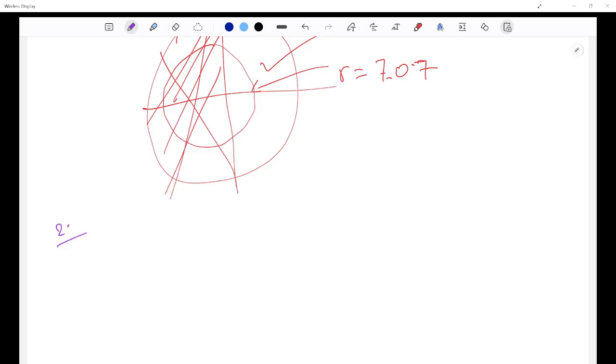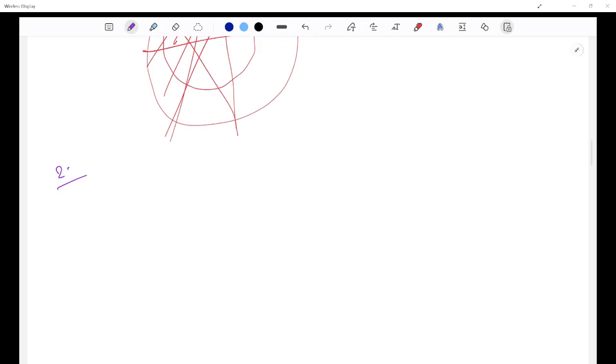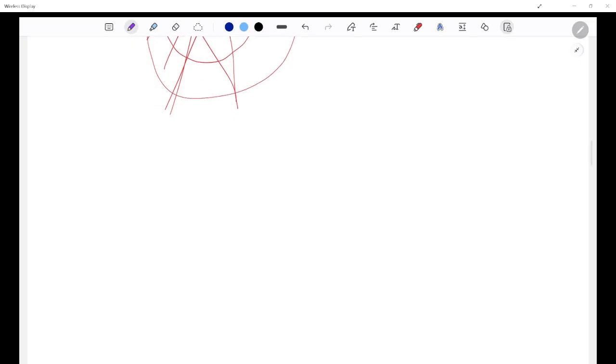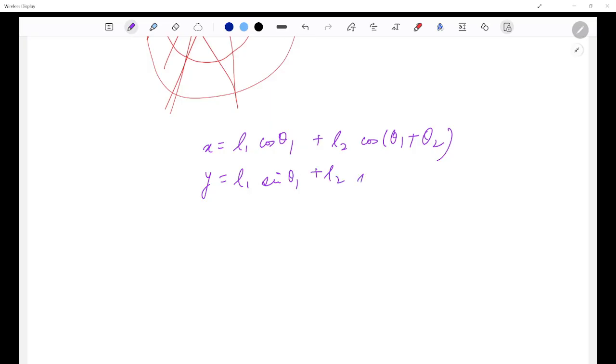So this was with certain understanding and intuition. I think I should tell you how we do it analytically, because every time you cannot have intuition coming in, right? So x is equal to L1 cos theta 1 plus L2 cos of theta 1 plus theta 2, y is equal to L1 sine theta 1 plus L2 sine of theta 1 plus theta 2.